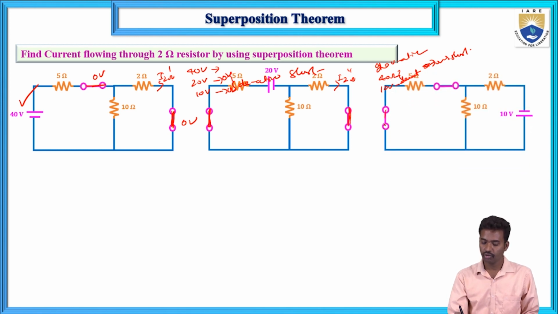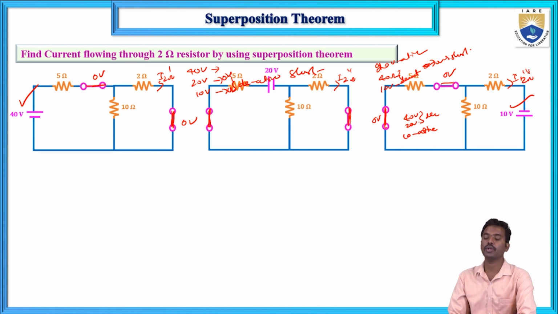In the third case, 40 volts and 20 volts are deactivated and short circuited, and only 10 volts is active. Calculate the individual response, I2 triple dash.